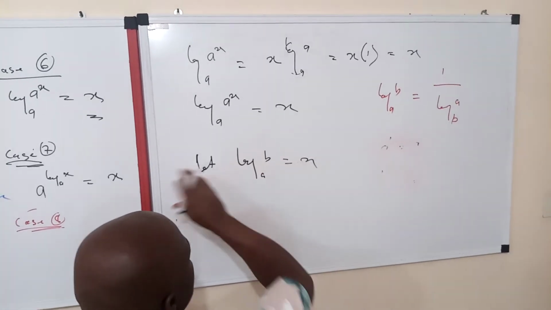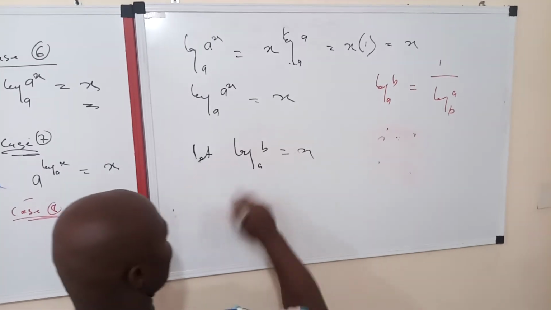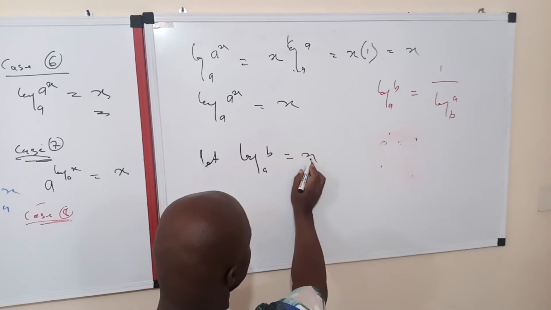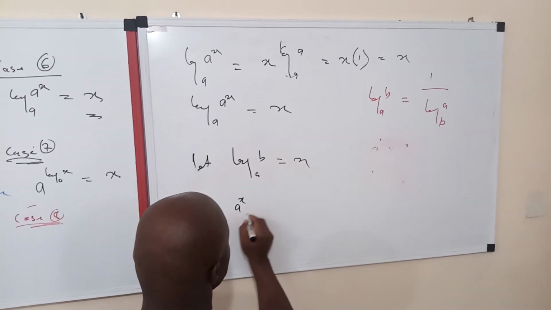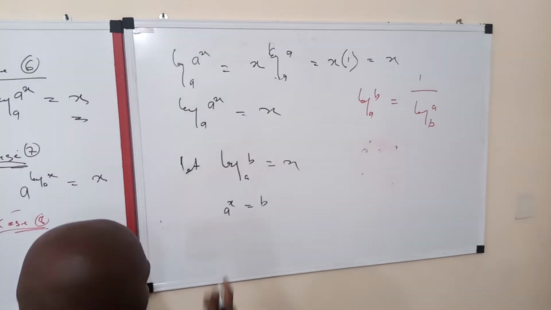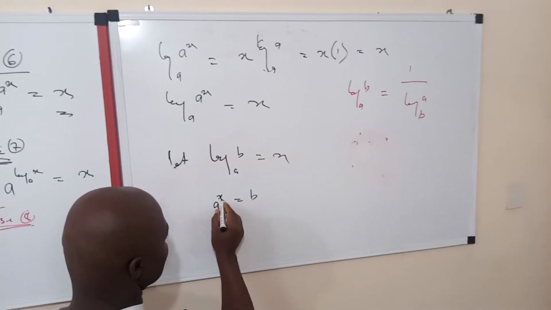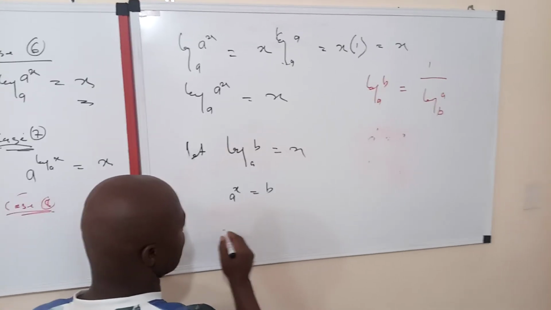Note that we have been changing from indices to logarithms. This one is already in terms of logarithm, so we can rewrite it in terms of indices. Note that this is the power, the index, this is the base, and this is the number. So we can eliminate this x and allow it to stand on its own.